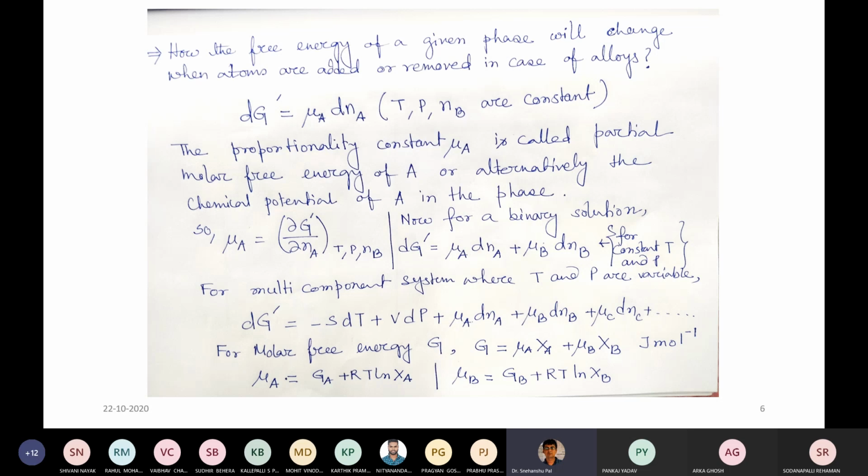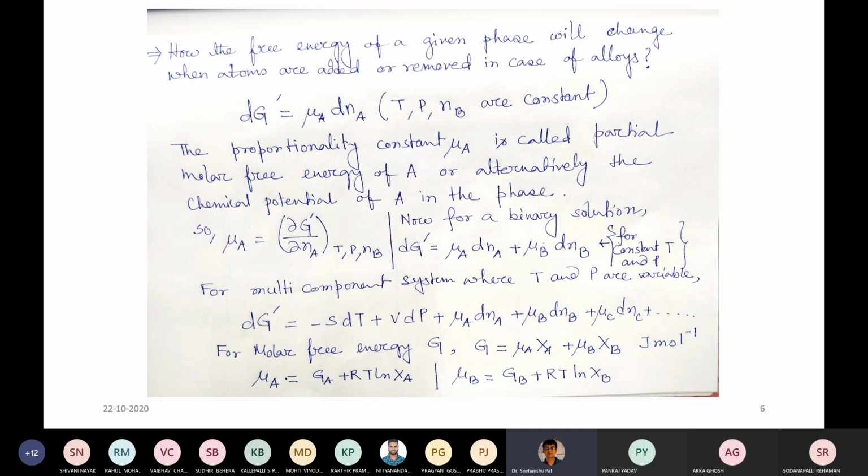In this way, you can easily understand that G is equal to mu A into XA plus mu B into XB. From there, you can get the previous expression. We have already discussed how G is related to the particular phase: G alpha equals XA GA plus XB GB plus RT in the bracket XA ln XA plus XB ln XB.